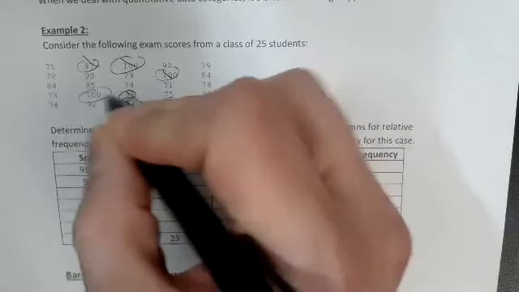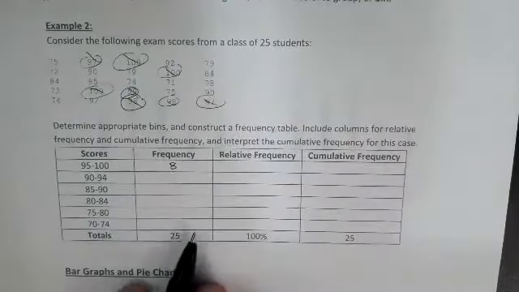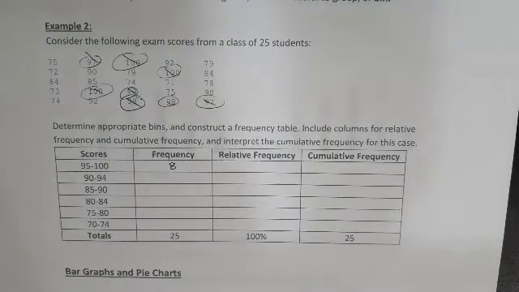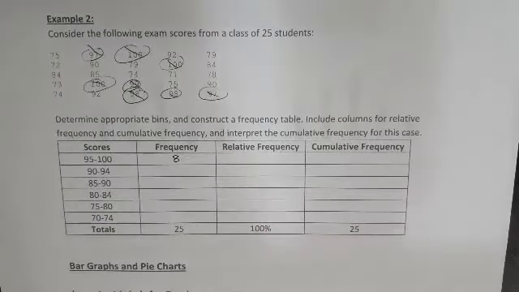If you want to start from the bottom up, you can do that as well. We can start down here, look at numbers between 70 and 74. That might be easier for some people. But we want to go along here. And I'll give you just a little bit of time to go ahead and count out all these frequencies.